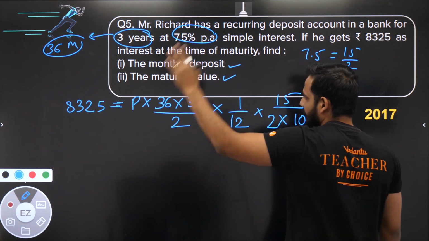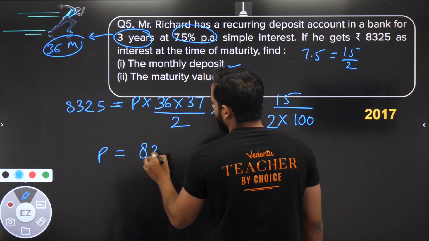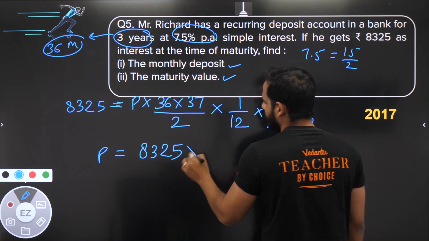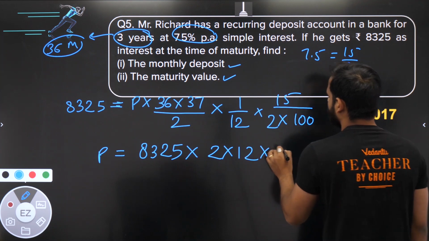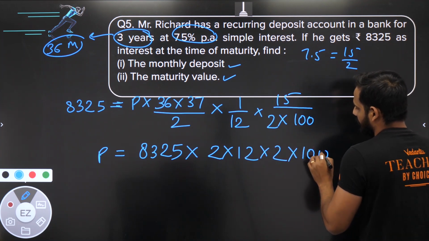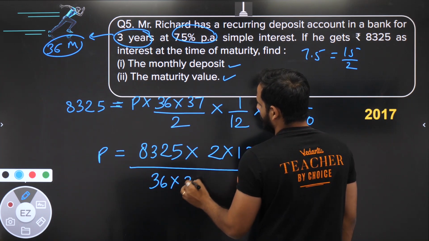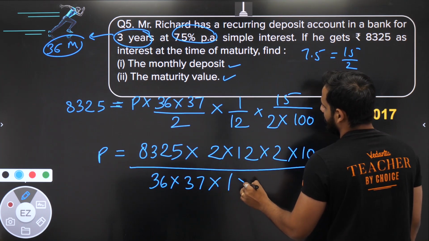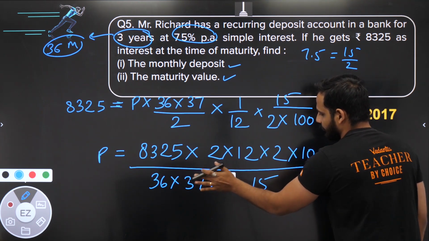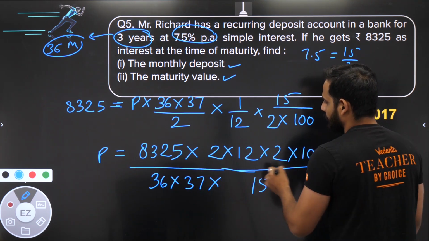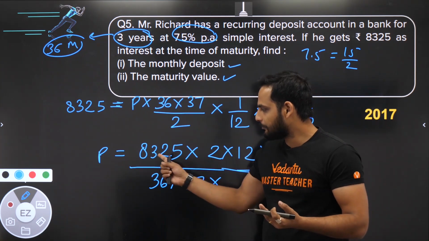Now let's see what simplification we can do here. Let's shift everything to that side. So P will be equal to 8325 into the denominator part, so into 2 into 12 into 2 into 100, divided by 36 into 37 into 15. Now, you see, if 37 is there, it might get cancelled.